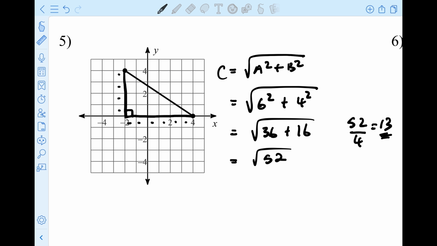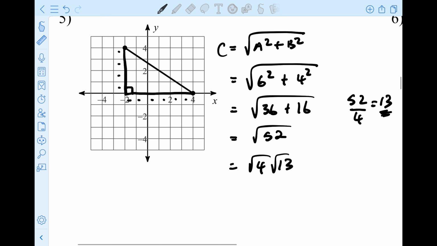Remember, if I get 13, then 13 is a prime number. So my answer is the 4 and 13. So this will become the square root of 4, square root of 13, which will be 2 root 13, which is my answer. I'm doing this because I'm showing you the connection between the Pythagorean theorem and the distance formula.